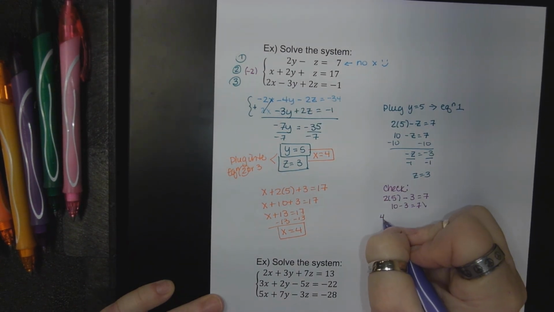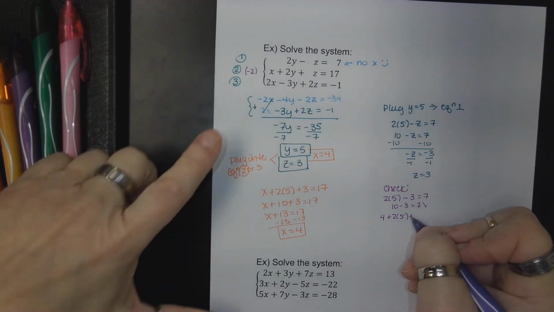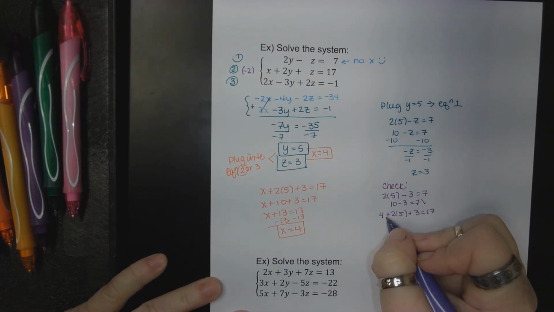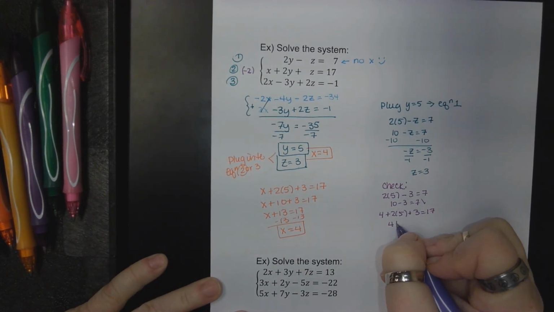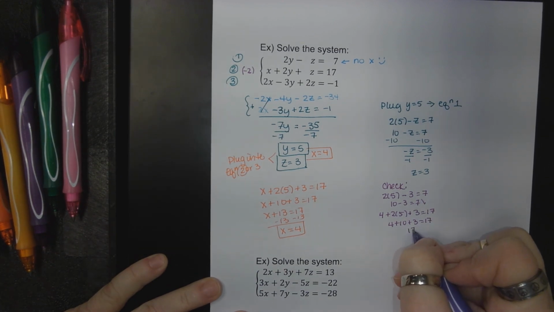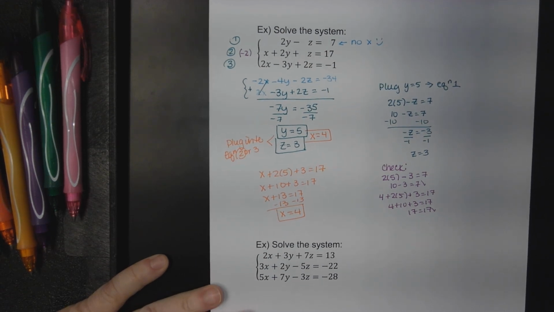So if we say 4 plus 2 times 5 plus 3 equals 17. Well, plus 10 plus 3 equals 17. 17 equals 17. Check. Okay.